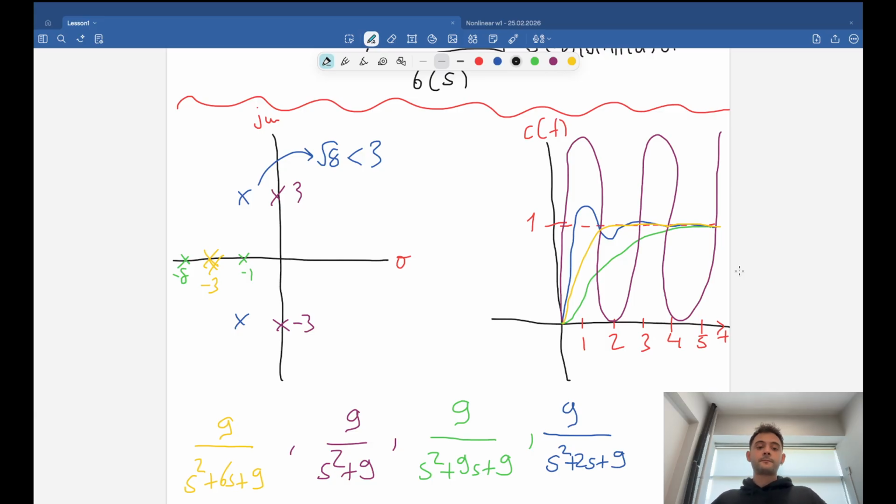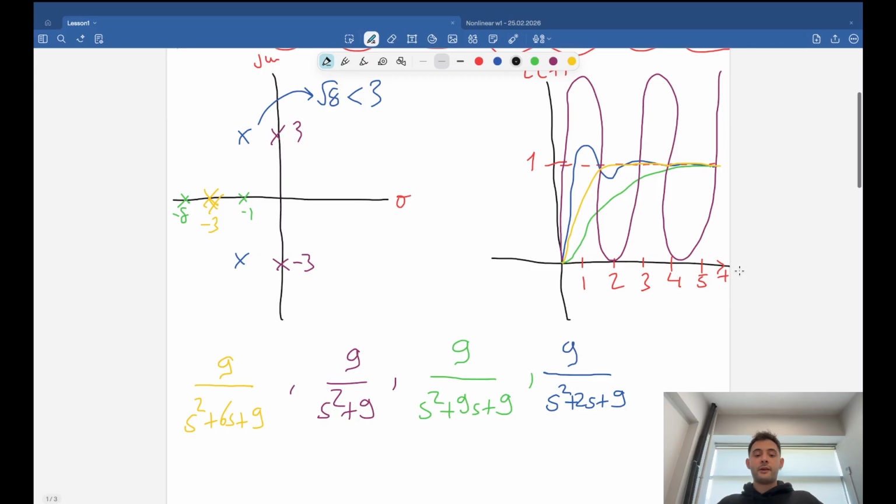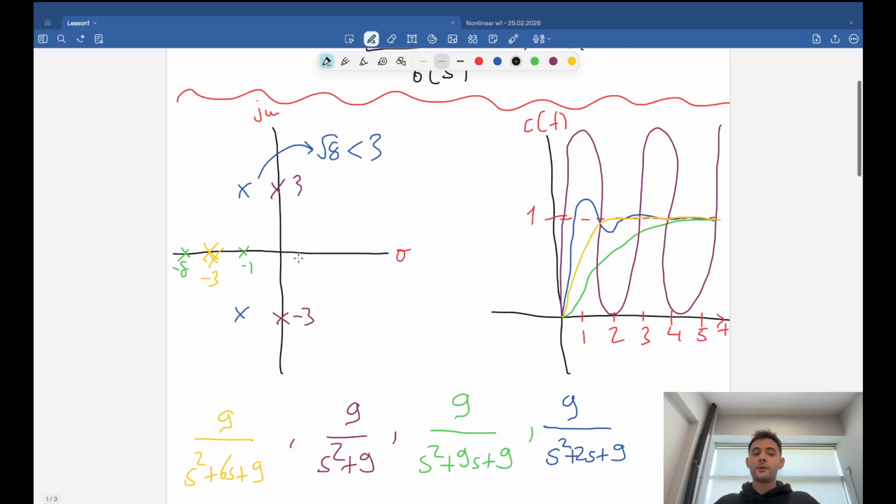If you have poles on the imaginary axis, complex conjugate poles at 3i and minus 3i, you will have a response like a sine wave or cosine wave. The name of this response is undamped response. Keep in mind, undamped response.